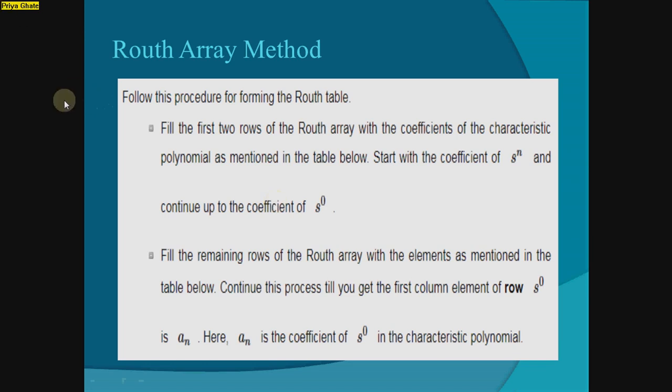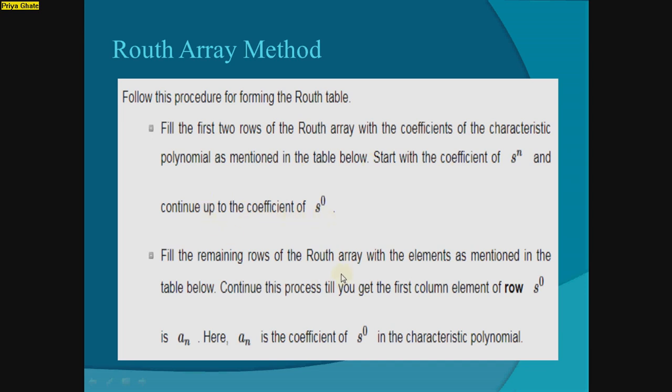Routh array method. Follow this procedure for forming the Routh table. Fill the first two rows of the Routh array with the coefficients of the characteristic polynomial as mentioned in the table below. Start with the coefficient of s^n and continue up to the coefficient of s^0.